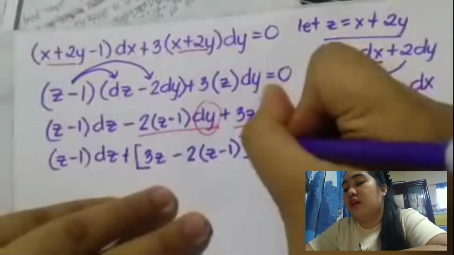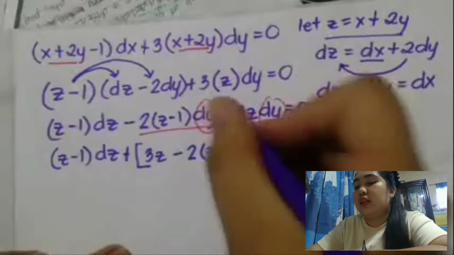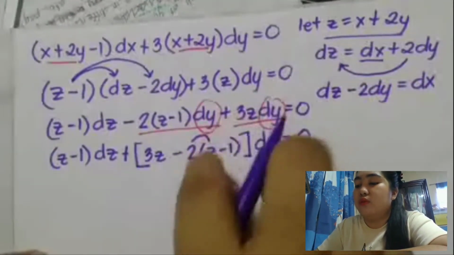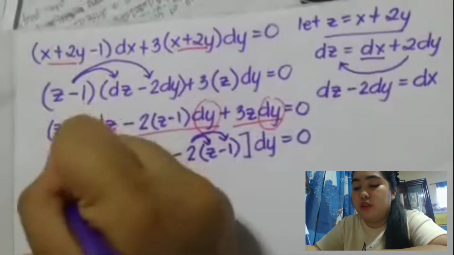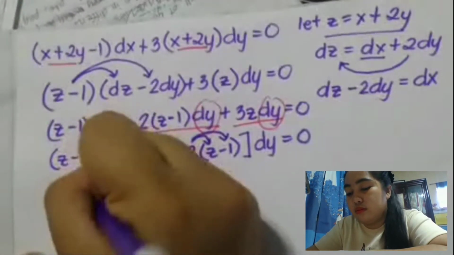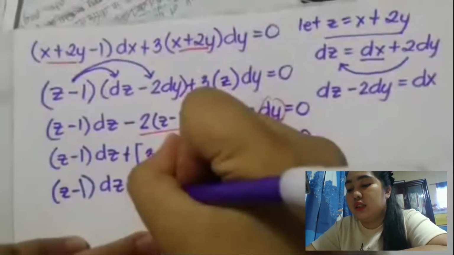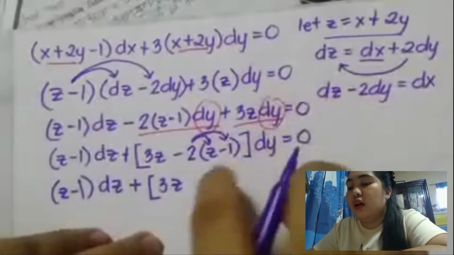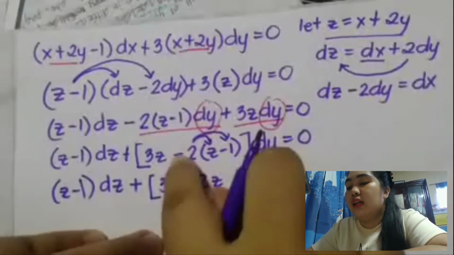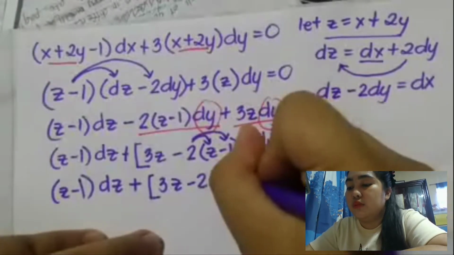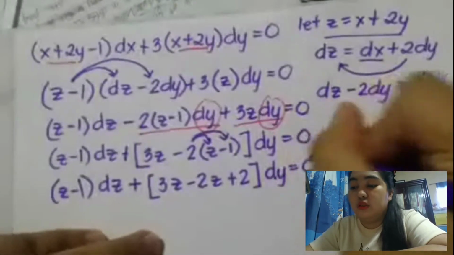Lalabas yung dy is equal to 0. So, ang next step naman is distribute yung negative 2 dito sa loob ng z - 1. So, after ulit yung (z - 1) dz plus copy lang 3z. Negative 2 times z is -2z. Negative 2 times negative 1 is positive 2. Copy ng dy plus 0.